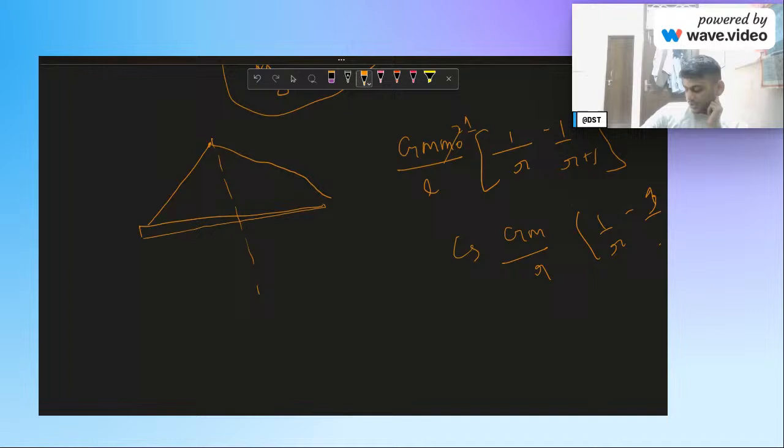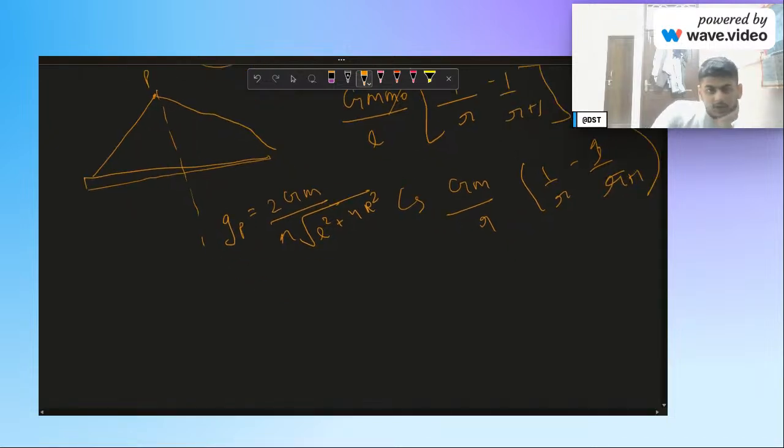Its integration is actually very interesting because we have to make a substitution of x equal to r tan theta, but for now just remember the gravitational field at an equatorial point P is 2 G m by r under root of L square plus 4 r square.